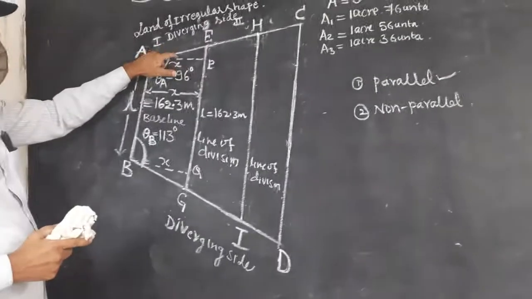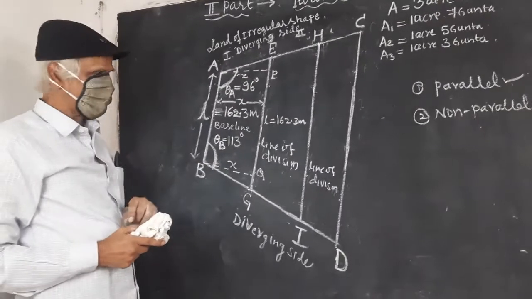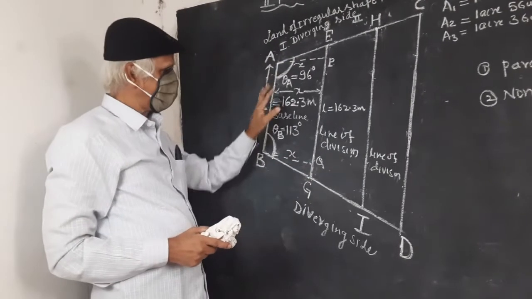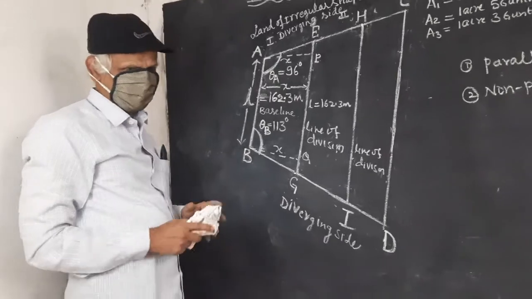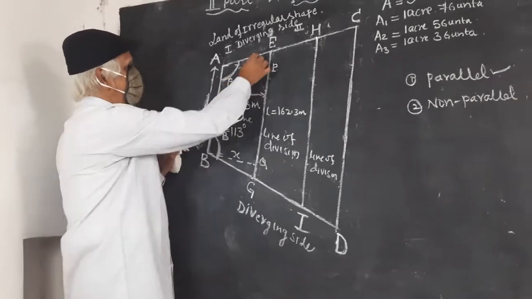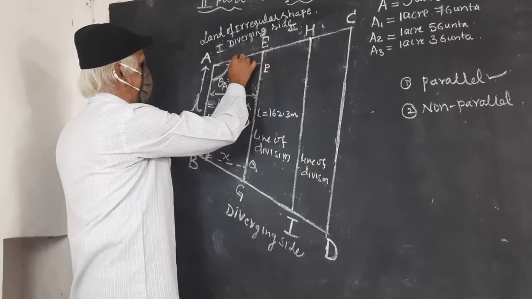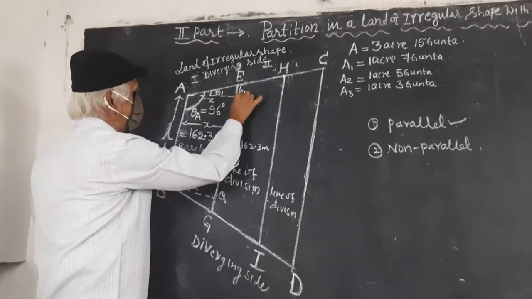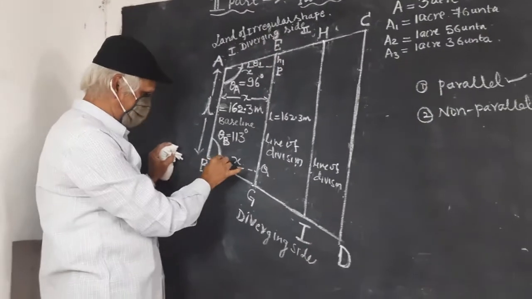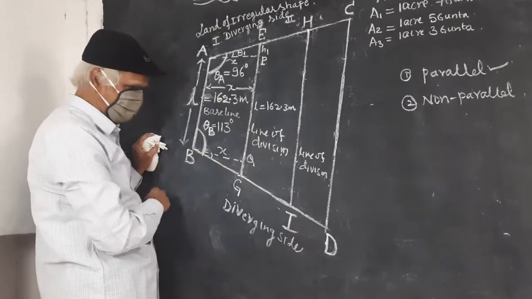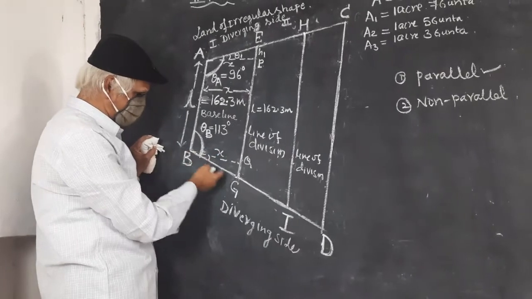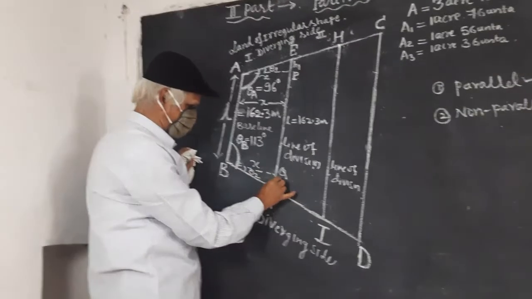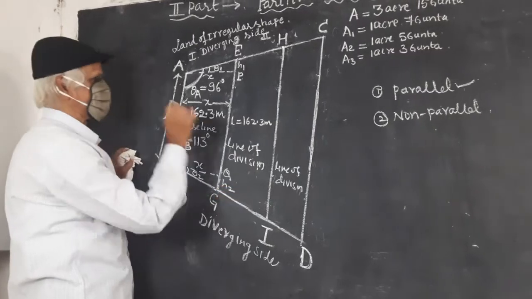Next, the two perpendiculars divide the partition area into two right angle triangles and one rectangle. Let us call this acute angle AE as theta 1 and opposite side EP as H1. Similarly, in the lower right angle triangle, let the acute angle QBG be theta 2 and the opposite side QG be H2.